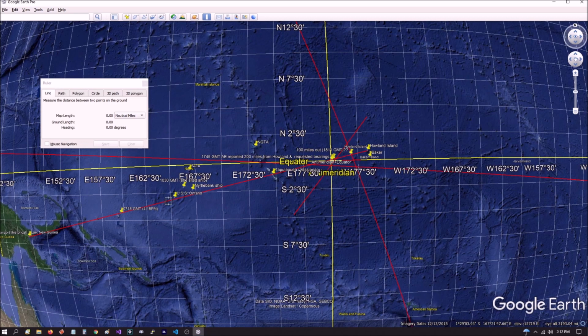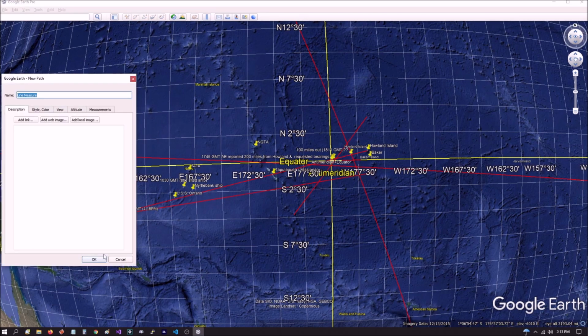But what I'm assuming is that he slowly got off course, and that would explain why the ships never saw him. So his course may have actually gone over this way. Okay, so he was, let's say, 100 or 200 miles south of Baker Island when the sun rose. And that was the other thing that happened right here.